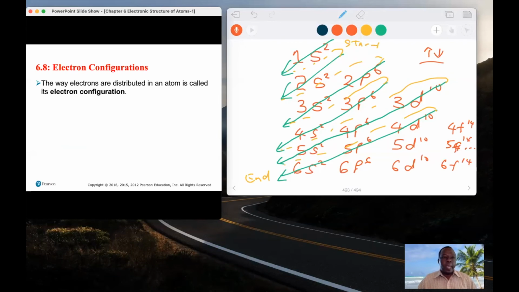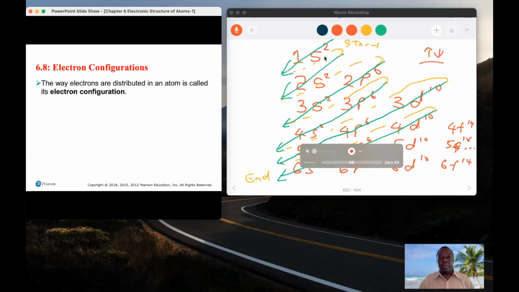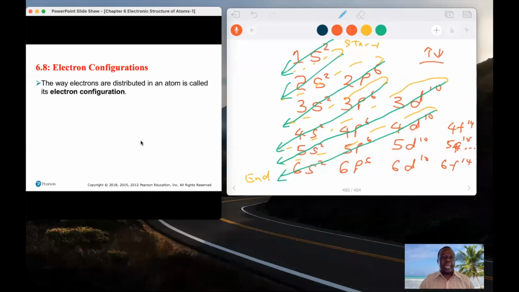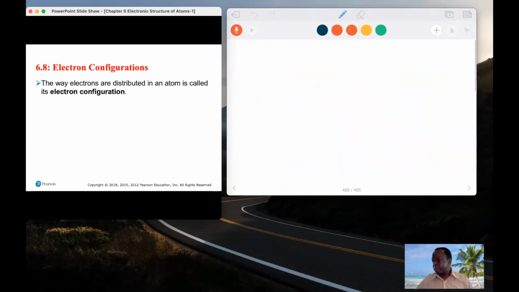With that, we can write the electron configuration, which is basically the way electrons are arranged around the nucleus of any element, occupying the lowest energy level before filling in the next energy level. And there are three methods.